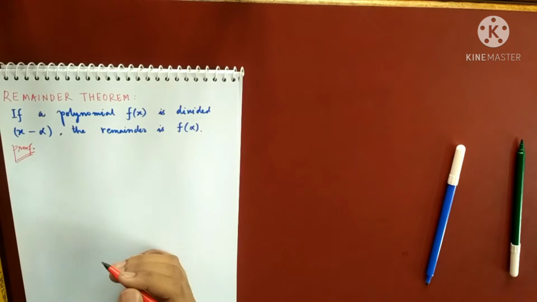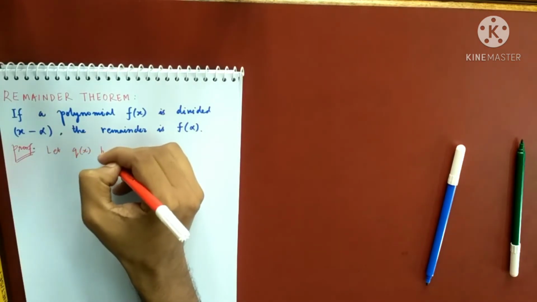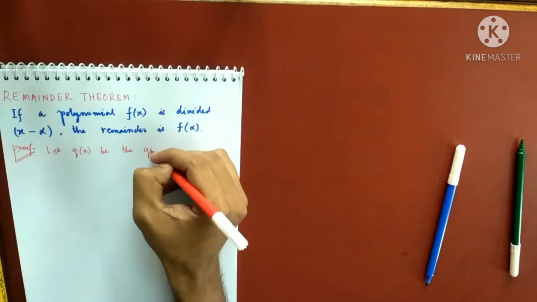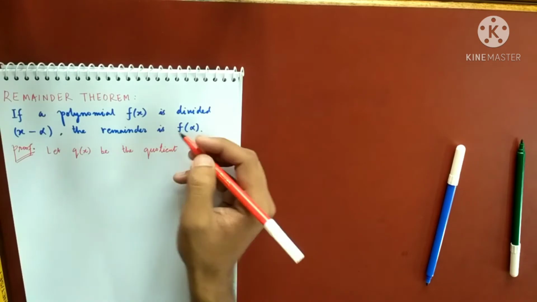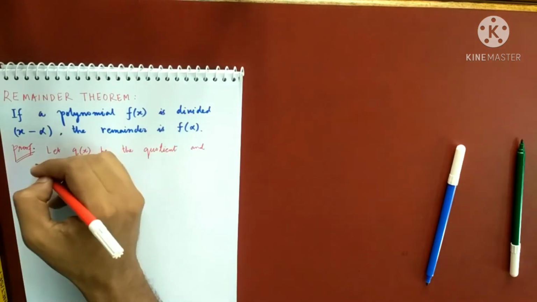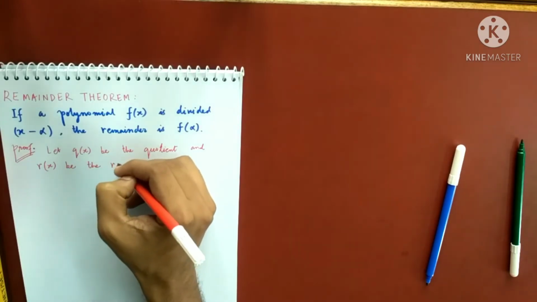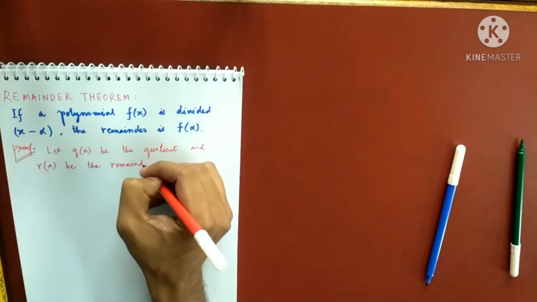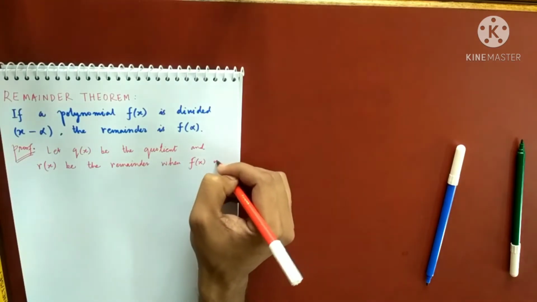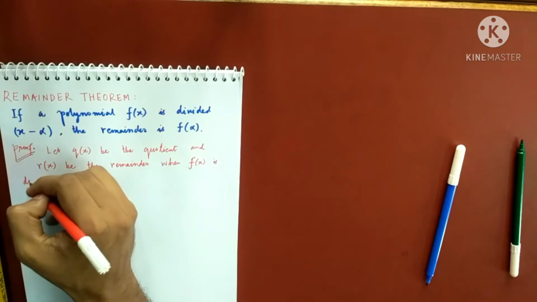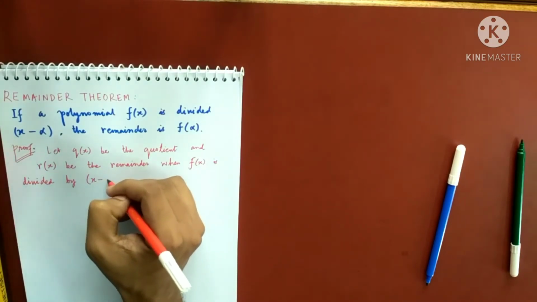So let q(x) be the quotient and r(x) be the remainder when f(x) is divided by x minus alpha.